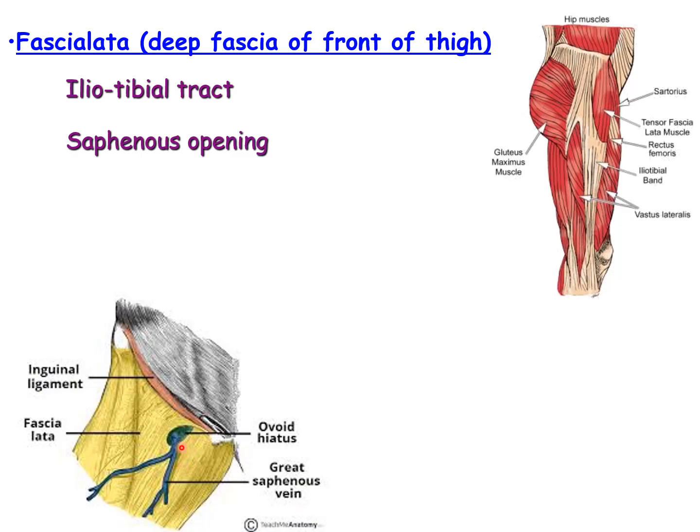Firstly, we have here a superficial vein which is called the great saphenous vein. It passes from superficial to deep. Also, we have superficial inguinal arteries which are coming from deep to superficial.